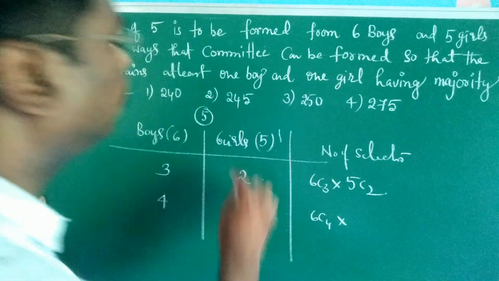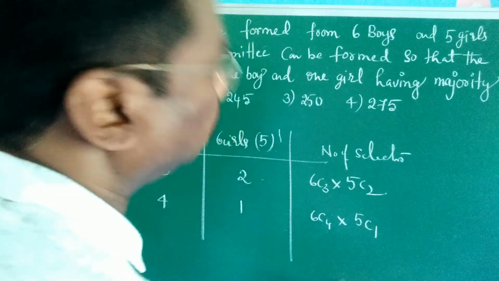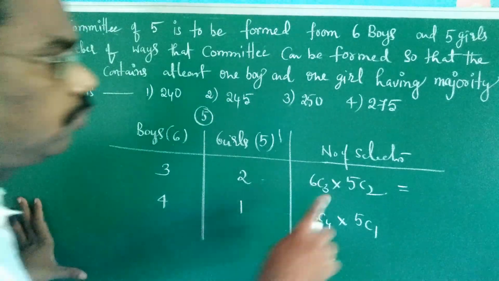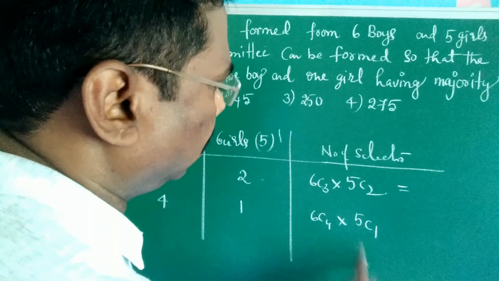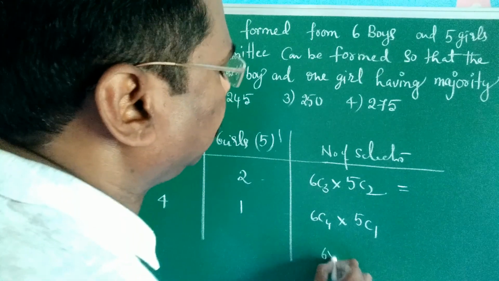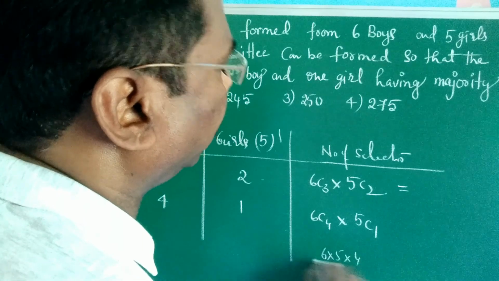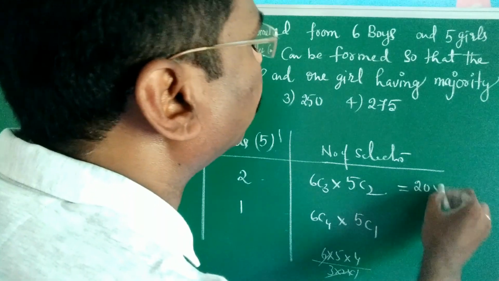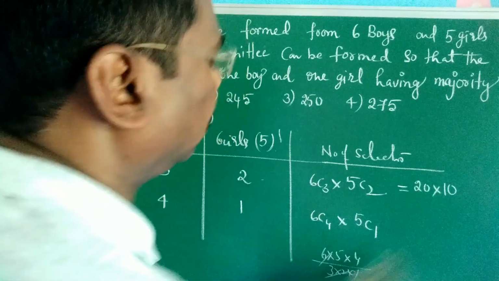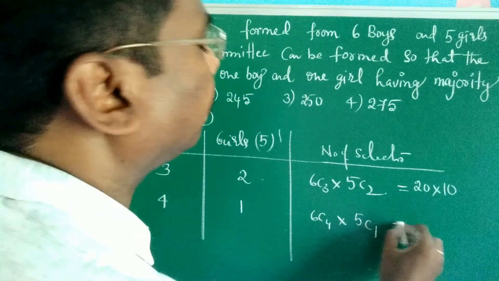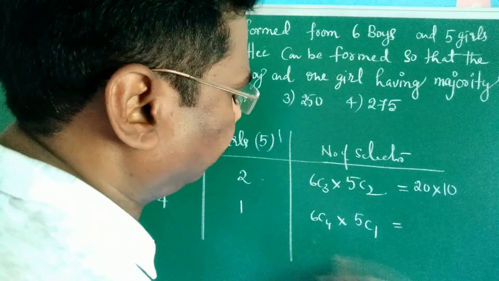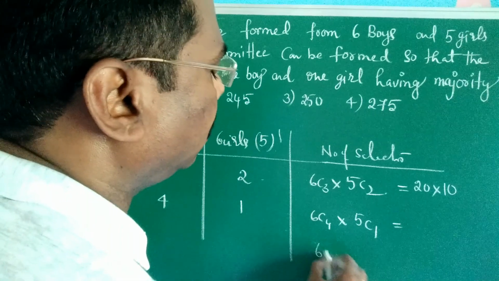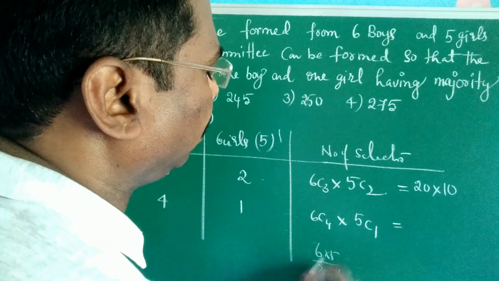6C4 into 5C1. Now it is equal to 6C3 into 5C2. Now 6C3 value is 6 into 5 into 4 by 3 into 2 into 1, which is 20. Into 5C2, value is 10. Now 20 into 10. Now 6C4 value is 15, 6C4 is equal to 6C2, now 6 into 5 by 2 into 1.